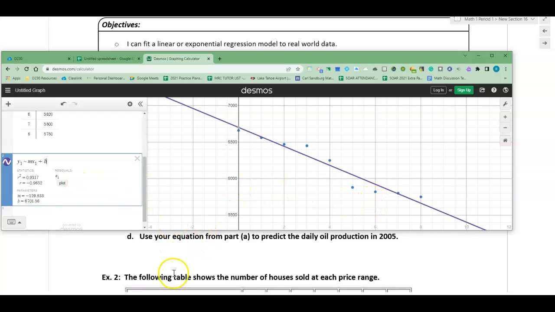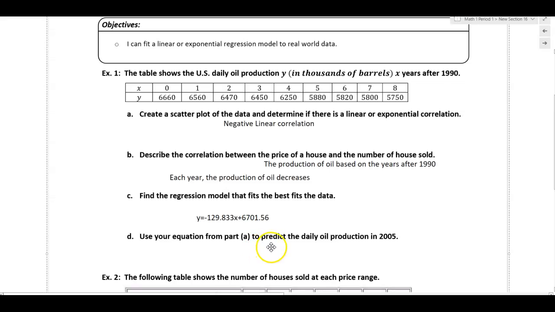Now, with that in mind, use your equation to predict the oil production in 2005. I'm going to use this equation I came up with. So y equals, in 2005, if year 0 is 1990, then x is 15 years after that, so x equals 15. So negative 129.833 times 15 plus 6,701.56.